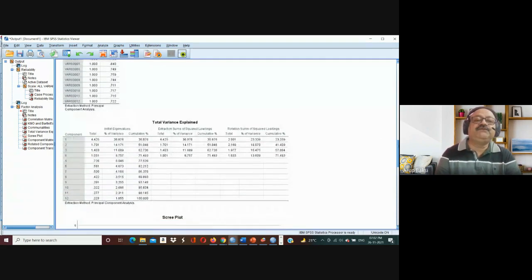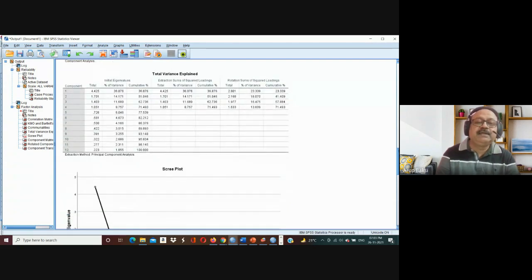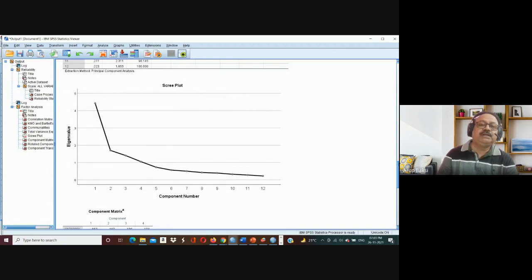In the case of total variance explained, if we study it in association with the scree plot, you see the eigenvalue was fixed at 1. The factors which have an eigenvalue of minimum 1 are to be considered for our model.